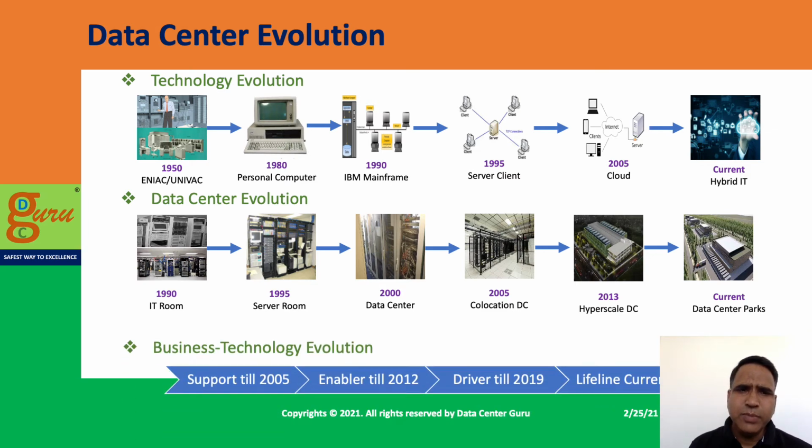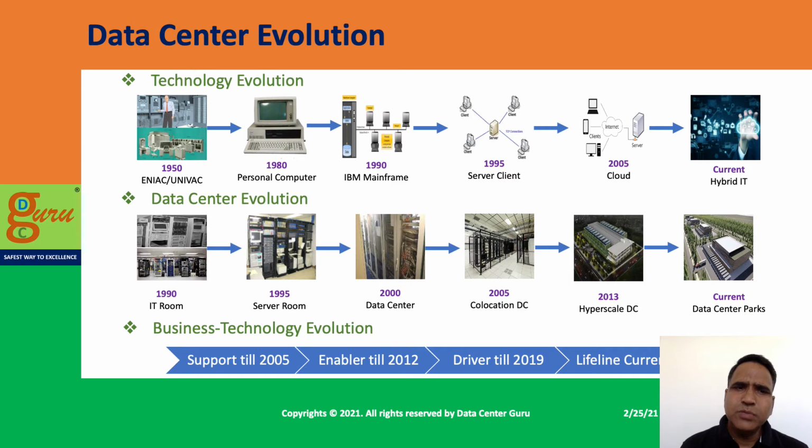Now, coming back to how business technology adoption or evolution happened. Before 2005, technology was seen as a support function. It was supporting the business in some way or the other, so the dependency of business on technology was not at that level.